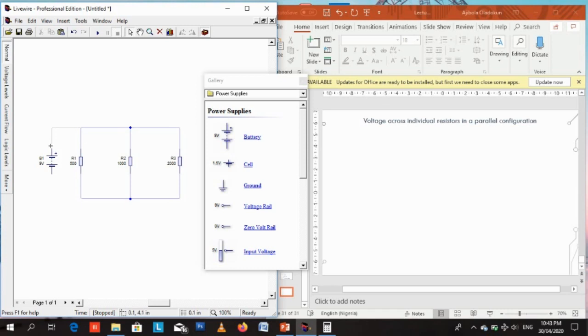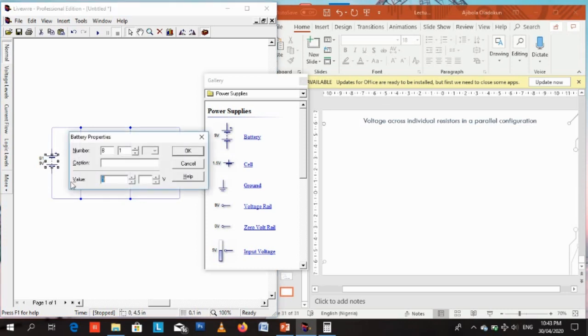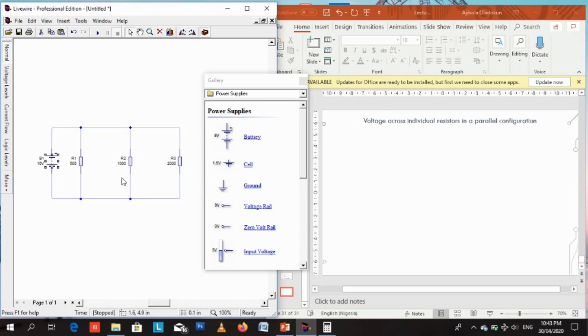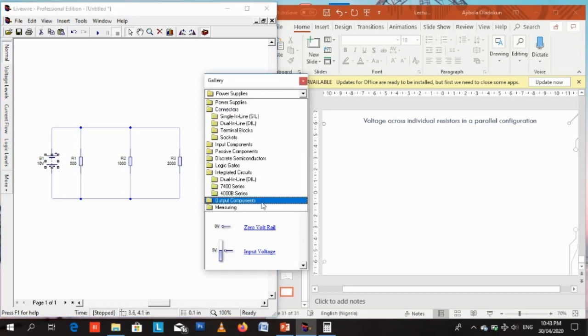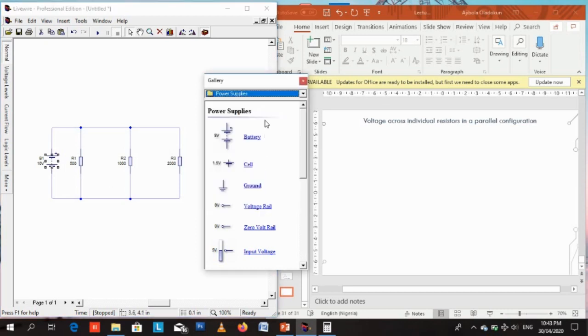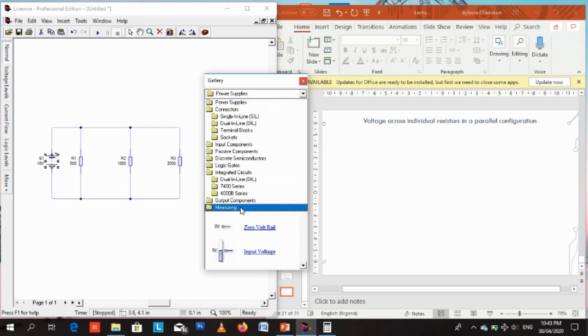So connect the 3 resistors in parallel, connect them across the voltage supply of the battery. Double click, let's change the value to 10 volts. Okay. So we've successfully connected our battery across 3 resistors in parallel.